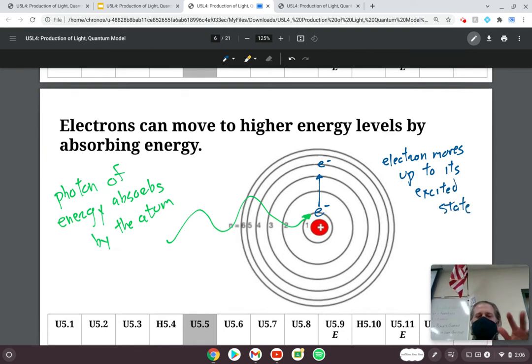So in this instance, what happens is that as atoms absorb energy, the electrons in the atoms also absorb the energy, and they move from their ground state to their excited state.